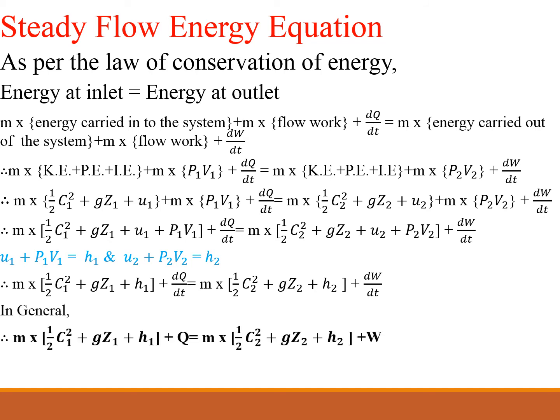So in general, the steady flow energy equation is m into half C1 square plus gZ1 plus H1 plus Q is equal to m into half C2 square plus gZ2 plus H2 plus W, where Q means heat energy and W means work done.